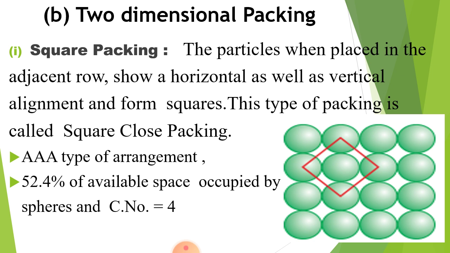Look at the diagram. A central sphere is touched by four other spheres. If the centers of these four spheres are joined, a square is formed. That's why this type of packing is known as square close packing.